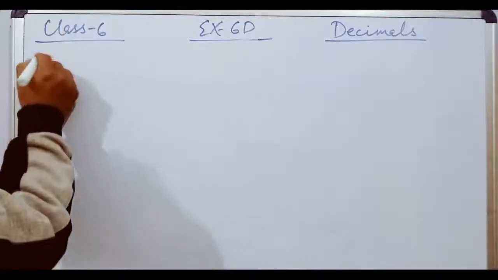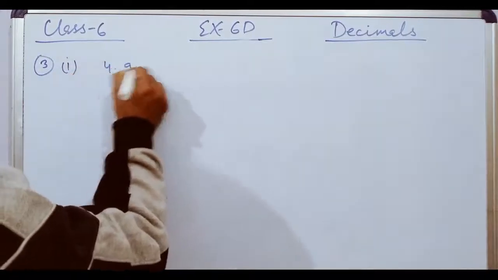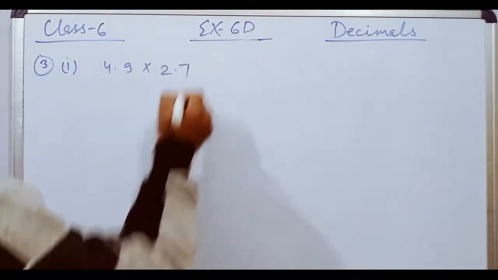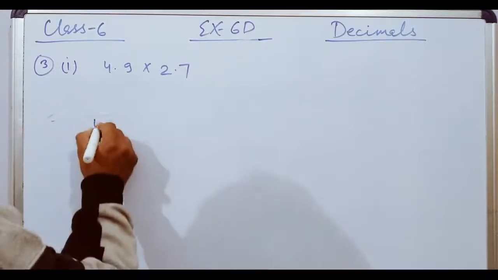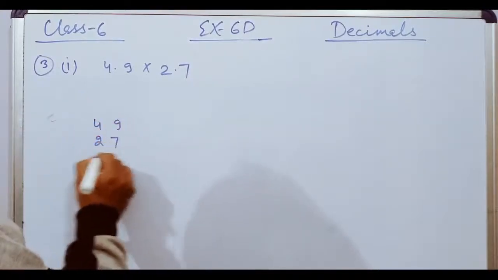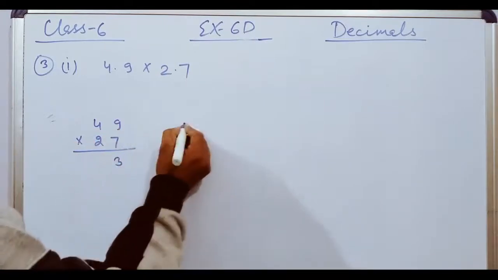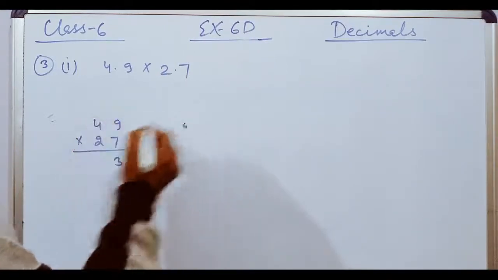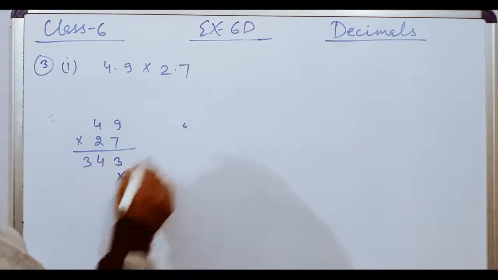Question number 3. First part, 4.9 into 2.7. Then 49 multiplied by 27. 7 nines are 63, carry 6. 7 fours are 28, 6 is 34.